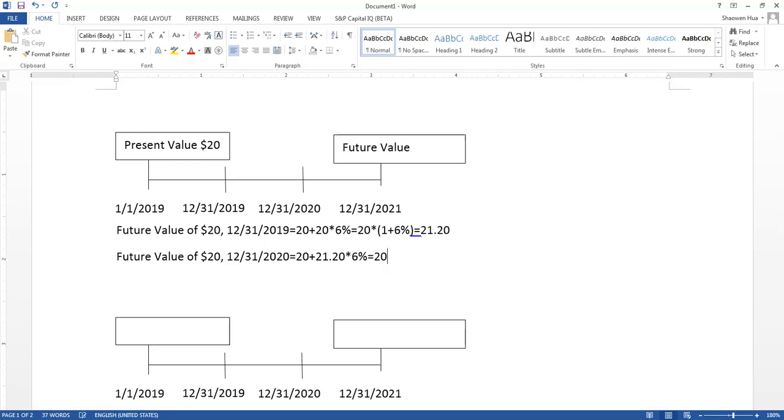You can separate the second component as $20 plus $1.20, where $20 is multiplied by the 6% rate, and the $1.20 is the interest from the first year.